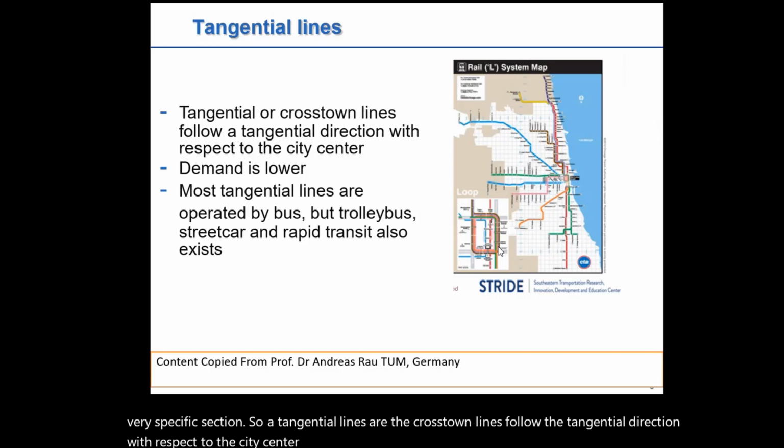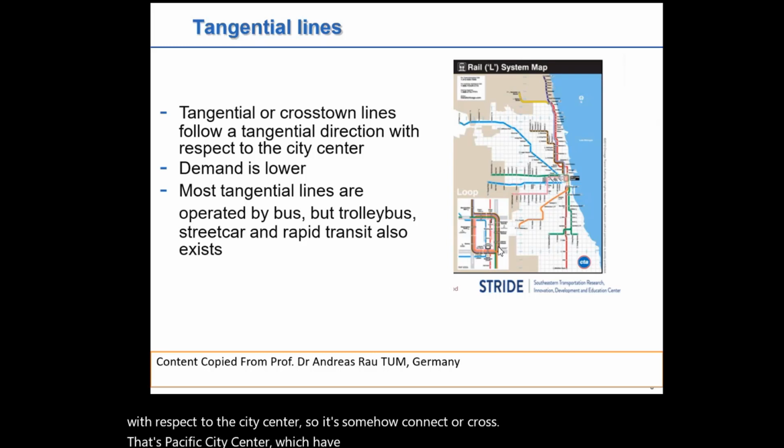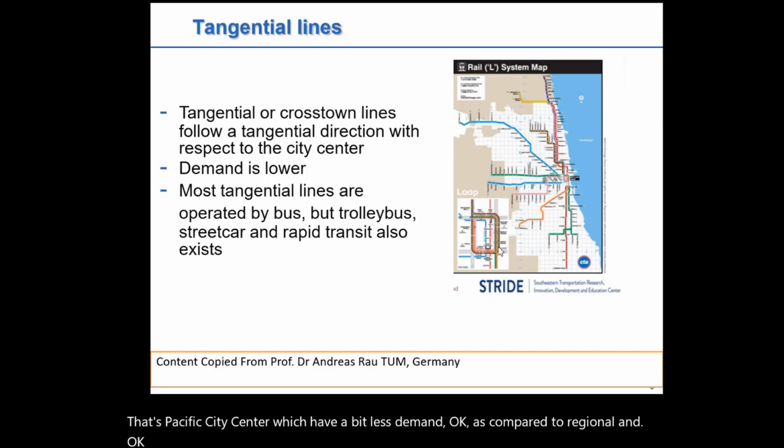It somehow connects or crosses that specific city center, which has a bit less demand as compared to radial and diametrical lines, and it's usually operated through the trunk lines, or you can put it into the major transit lines such as rail rapid or MRT or BRT or something like that.